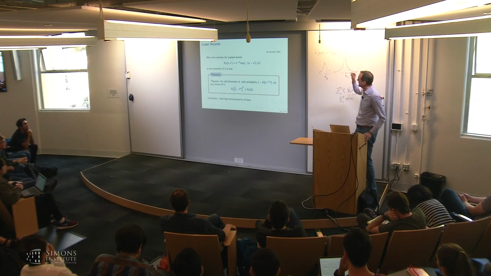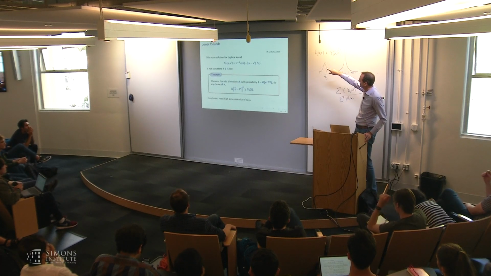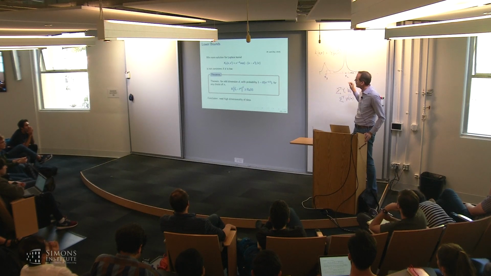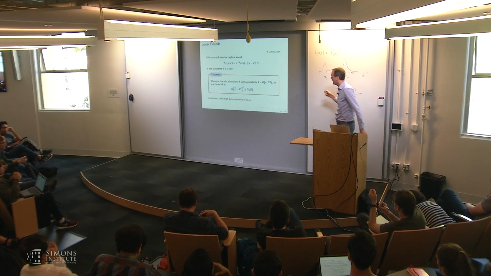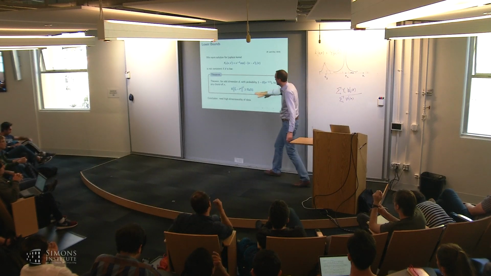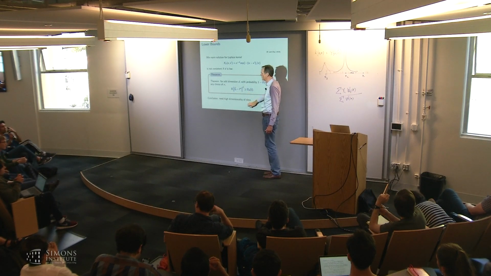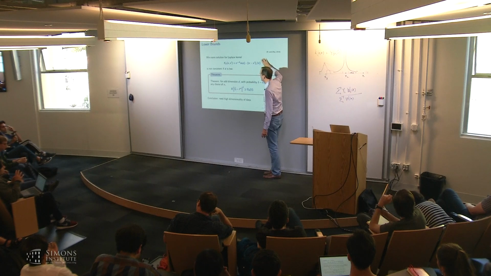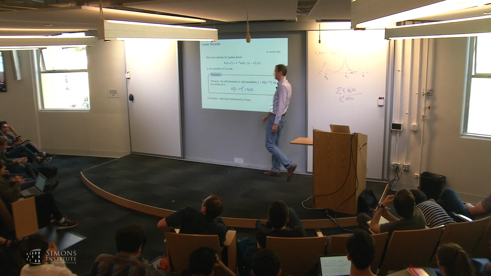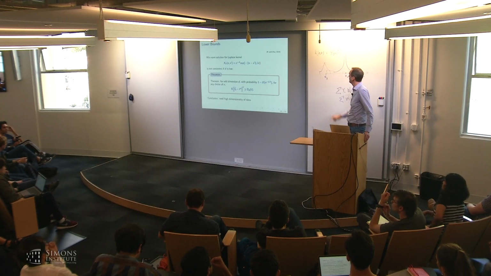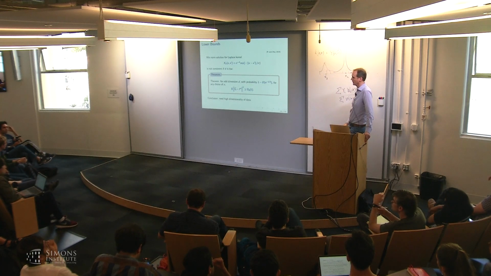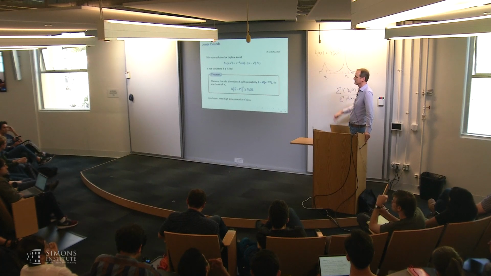Also Sasha has, with a student, some lower bounds for a specific kernel, and the bottom line is you can't hope to do anything unless you're in a high dimensional setting when you're working with this sort of kernel interpolating scheme.